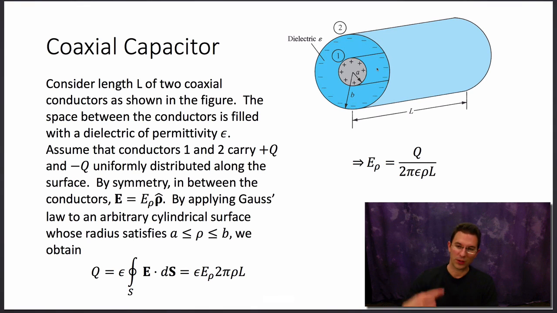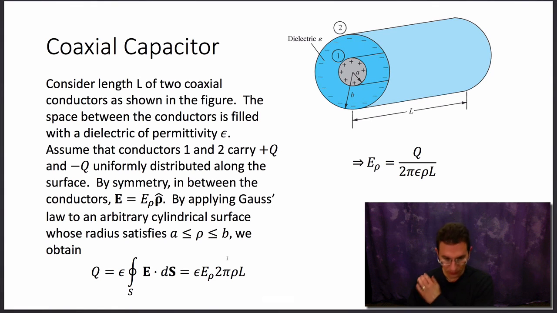So we only have flux around the curved surface, which is great because we can do this integration. We allow z to go from 0 to L, and phi to go from 0 to 2 pi. When we do that integration, what comes out is epsilon times the rho component of E times 2 pi rho L. This rho comes from our dS.